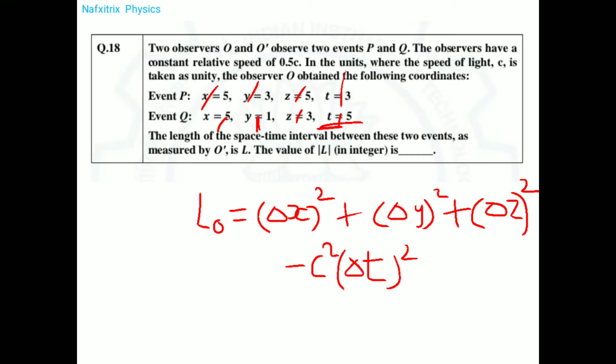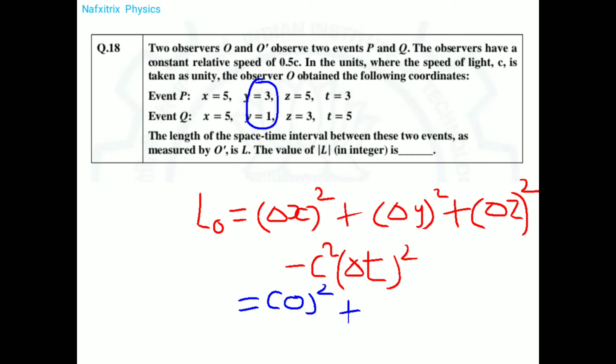So first of all, delta x means the difference between them, that is 5 minus 5, that is 0 square, plus, next, delta y means the difference between them both, 3 minus 1 or 1 minus 2, however, square is there.